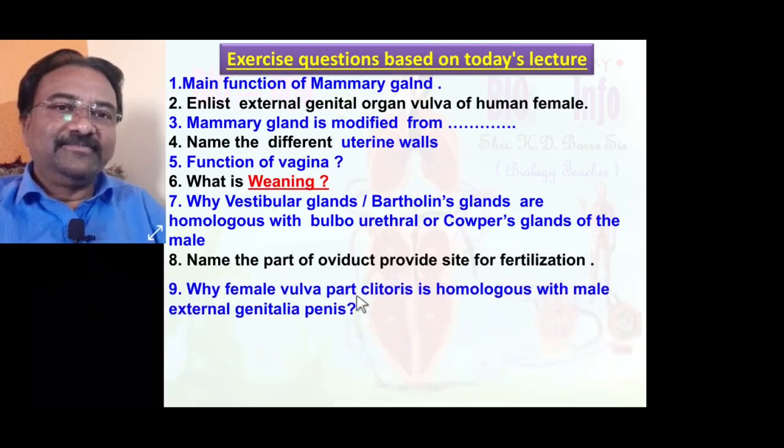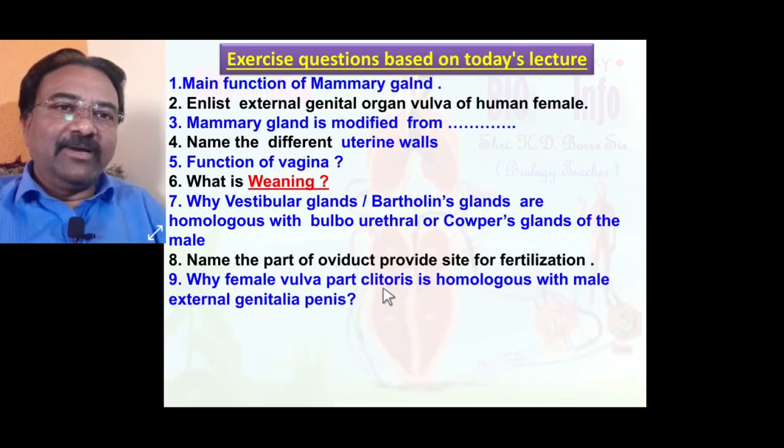fertilization. Why is the female vulva part clitoris homologous with the male external genitalia penis? Because in the clitoris there is erectile tissue known as corpora cavernosa. The same erectile tissue is also present in the penis. So the clitoris is homologous to the penis.